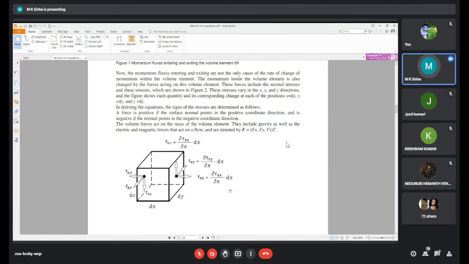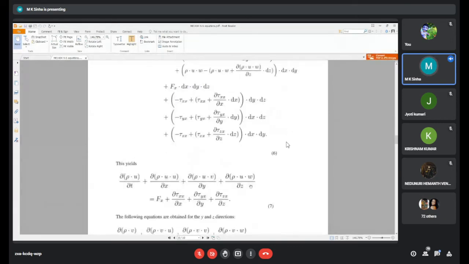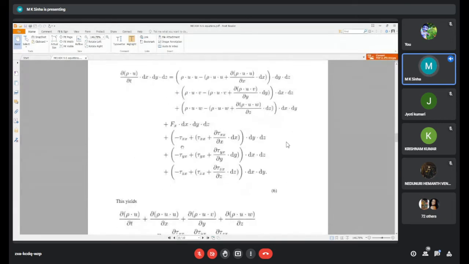And its components are additional due to the dx of the fluid element on the right side, so this is positive. So minus tau xx plus tau xx plus del/del x of the tau xx into dx, through the area dy dz.